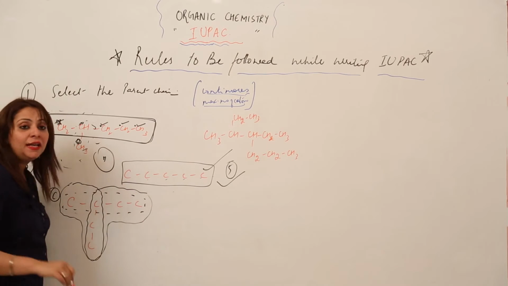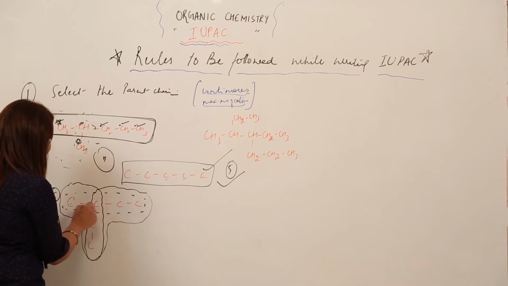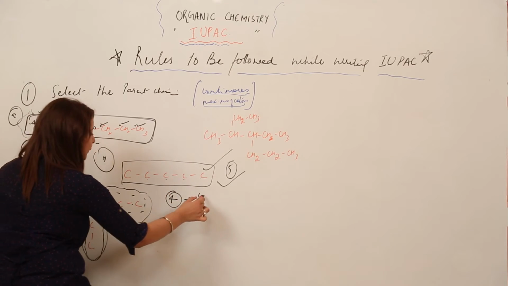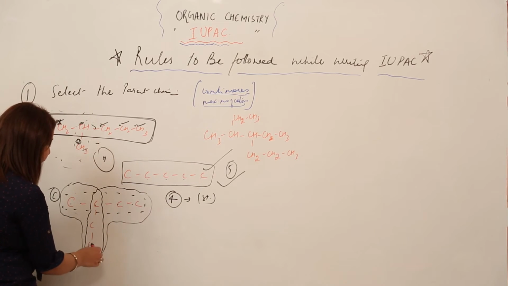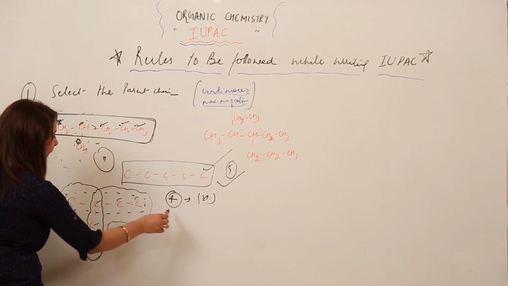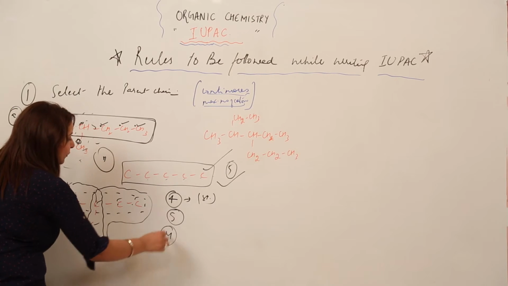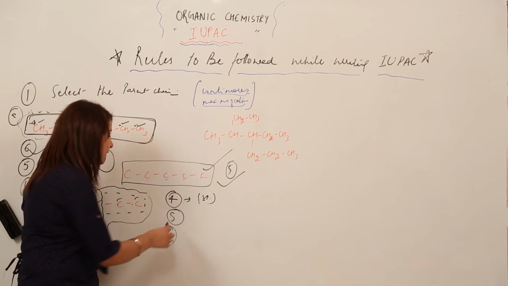So let us see how many carbon atoms we are getting. When I selected a straight chain, it included 1, 2, 3, 4 carbon atoms. And when I selected this chain, 1, 2, 3, 4 and 5. And when I selected this chain, then 1, 2, 3 and 4. So that means 4, 4 and 5. Which chain will be preferred? Obviously the 5 one.